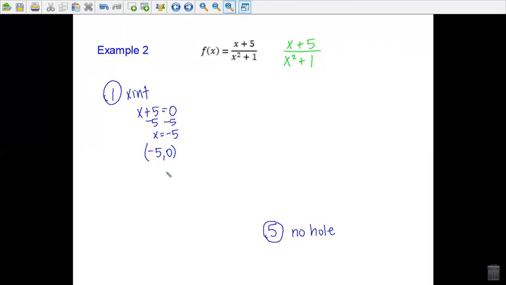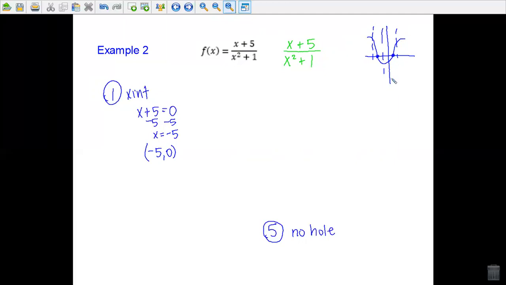Side note on the x and y intercepts. These are rational functions. Remember, in order to be a function, you need to pass the vertical line test, which means you can't have dots on top of each other. A function can't cross twice at a vertical line; you can only touch one time. So I can have a bunch of x-intercepts, like in this example here. This is a function, and I have multiple x-intercepts.